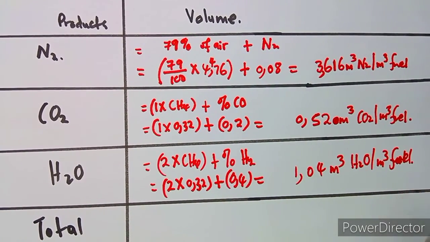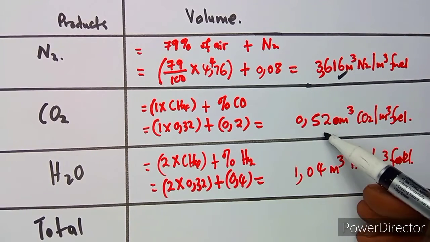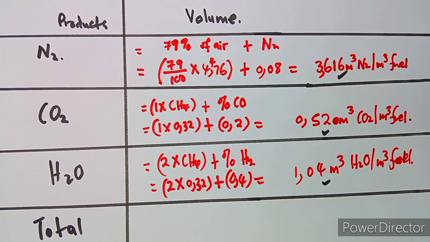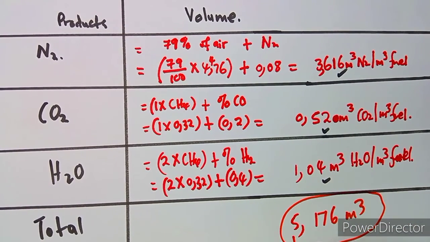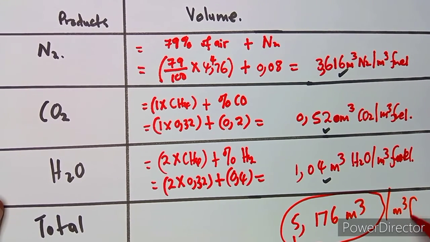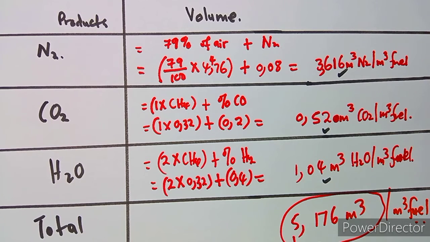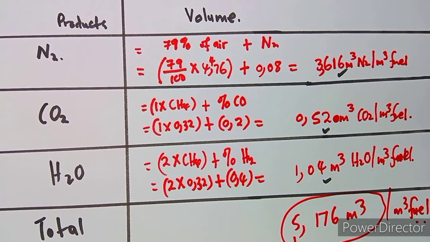In this case, we're going to add the products, which is this one plus this one plus this one. Okay, that's your total, which is 5.176 cubic meters. So this is the total volume, okay, per cubic meter of fuel. Remember, we're taking this per the cubic meter of what. So all you need is to add everything properly, just like that. Okay, so that's what you all needed there on this particular question.